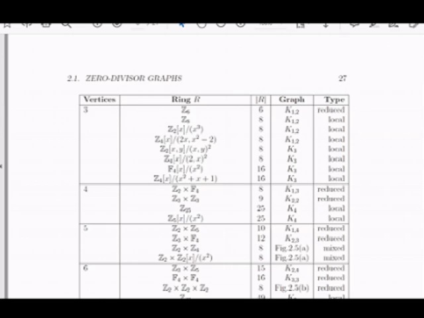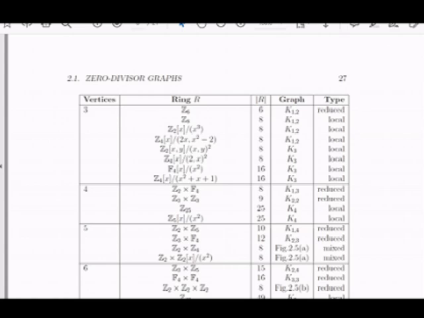The graph is going to look like K_{1,2}. Okay, so here they classify, up to isomorphism, all rings that will give you such a graph with three vertices.